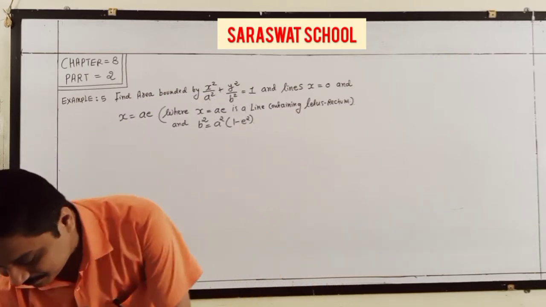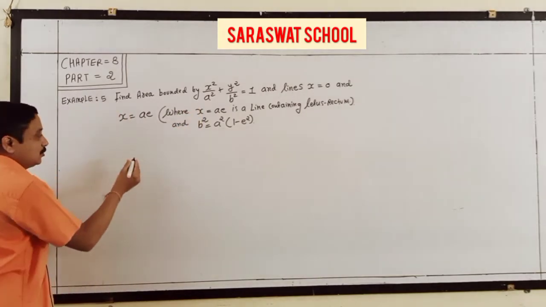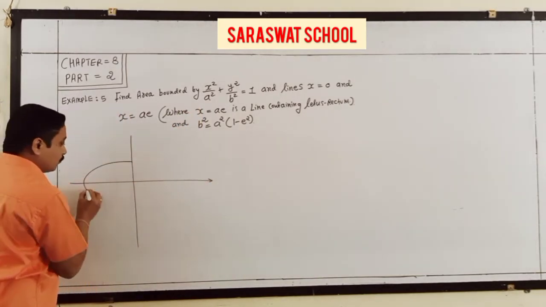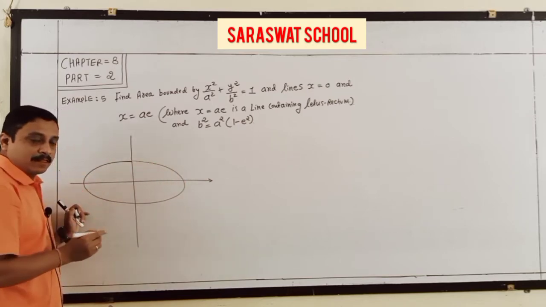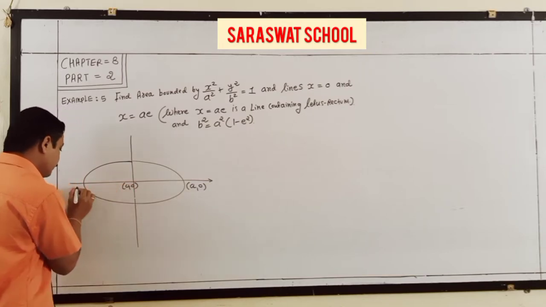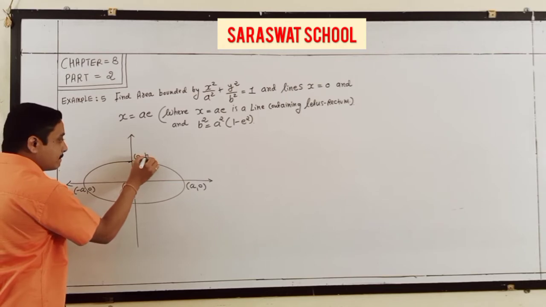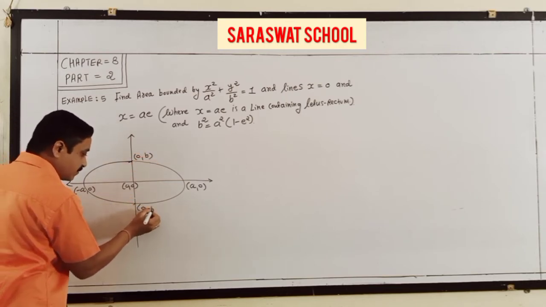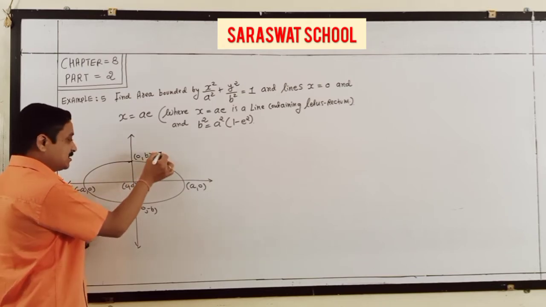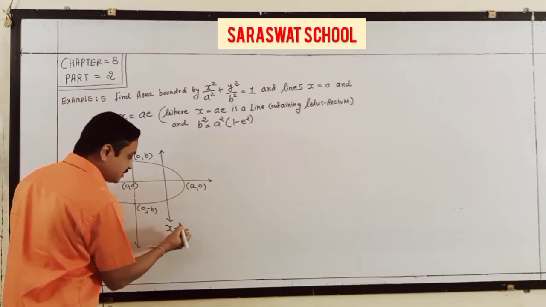Students, it's a very easy and simple way. We draw the ellipse, you know that type of drawing, containing the points a 0, minus a 0, 0 b, 0 minus b, and two lines: x equal to 0 itself, and second, x equal to ae, the line containing the latus rectum.